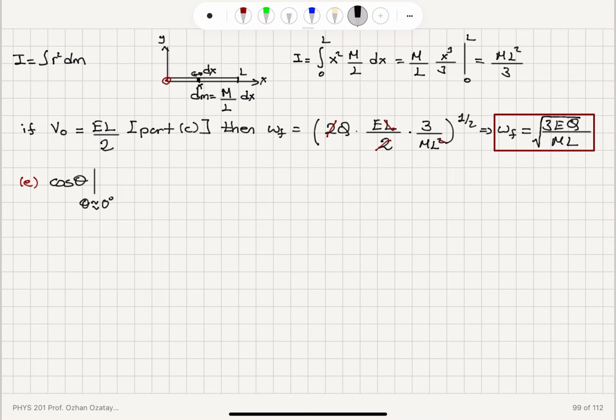First, we evaluate cosine theta at theta equal to 0 degrees.